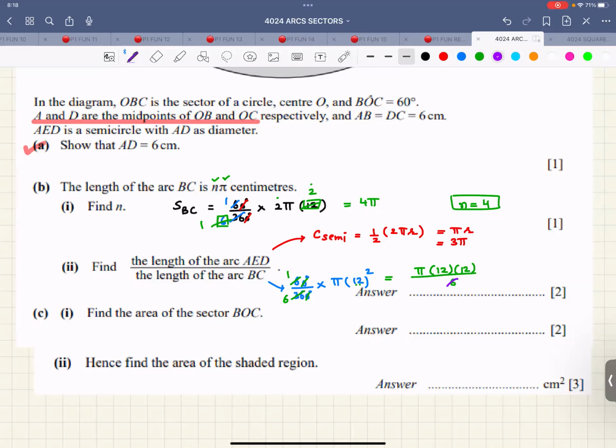So therefore, 6 ones are, 6 twos are, 2 into 12 is 24. This is 24 pi. So the numerator is 3 pi. Let me write it over here. Numerator is 3 pi. Denominator, again, it's a paper 1 question, it's 24 pi. What is the ratio? The ratio is, the pi's cancel out. 3 ones are, 3 8s are. So the answer is 1:8.